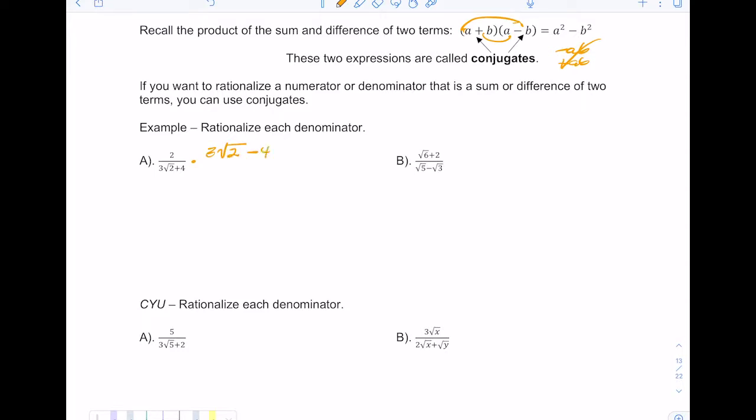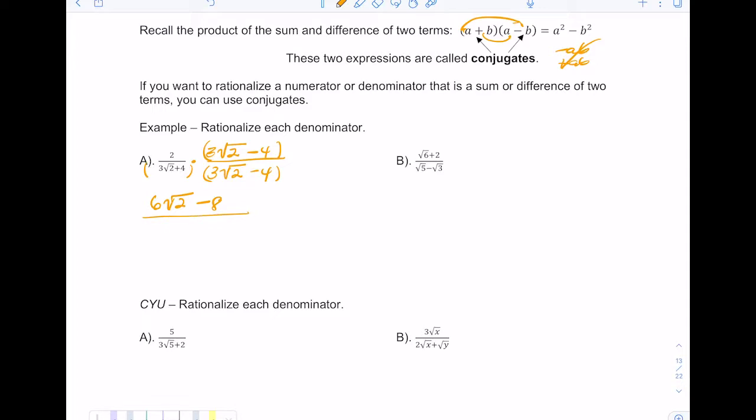I'm just going to make it 3 root 2 minus 4. So it was a sum, now it's a difference. And then I'm going to multiply. So in the top, I'm going to need to use the distributive property. 2 times 3 root 2 would give me 6 root 2. And 2 times negative 4 gives us negative 8.